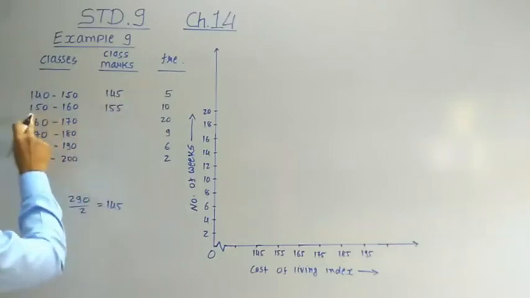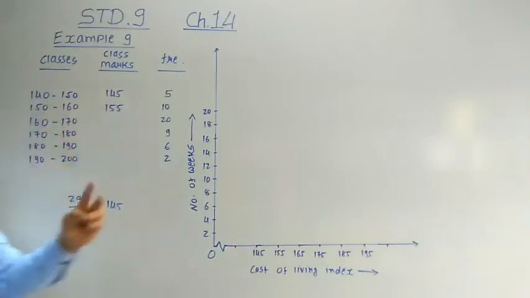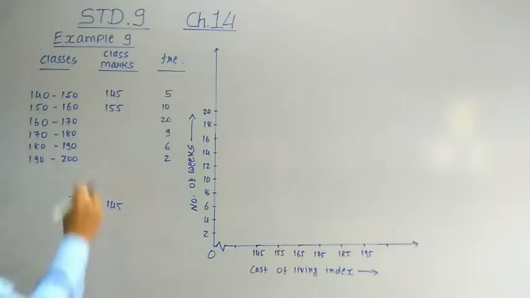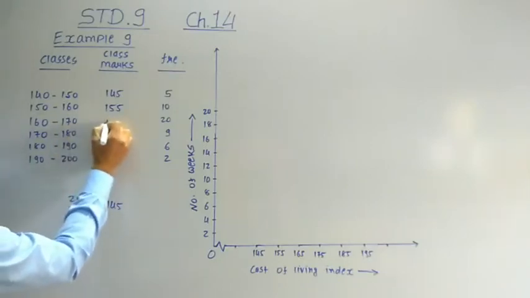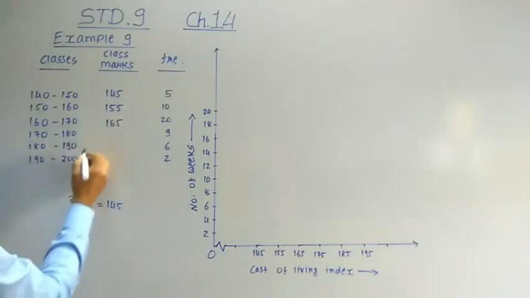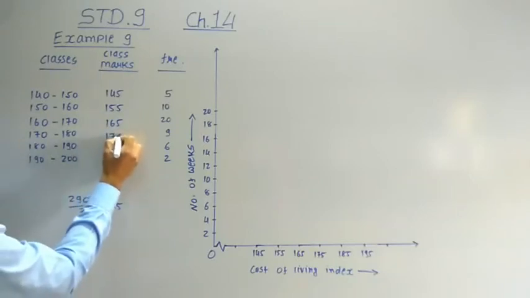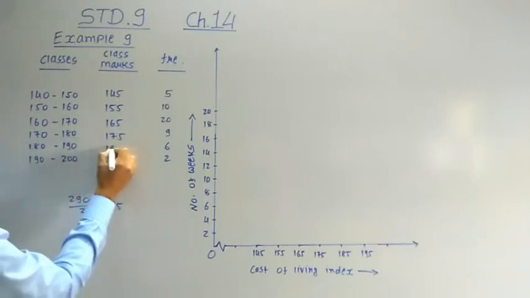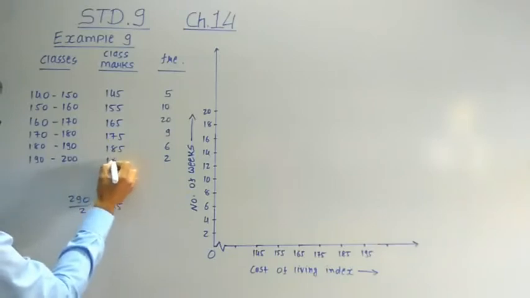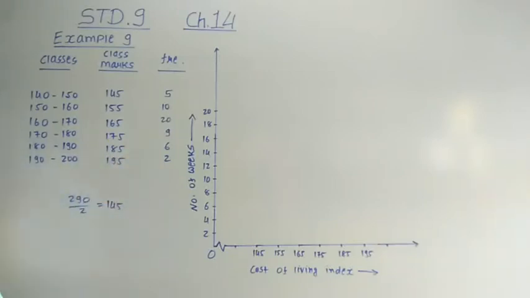And the same value we get if we add both these numbers and divide by 2. So in the same way, here we get 165, here we get 175, here we get 185 and here we get 195. So this is how we can get the class marks, right?